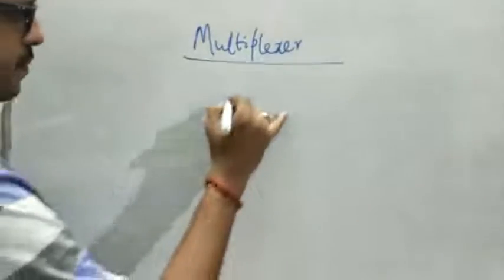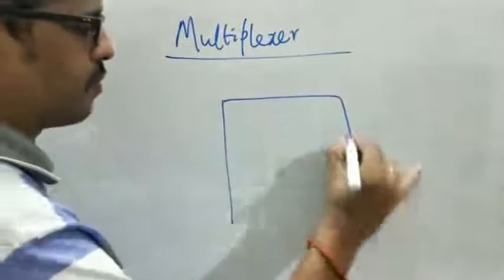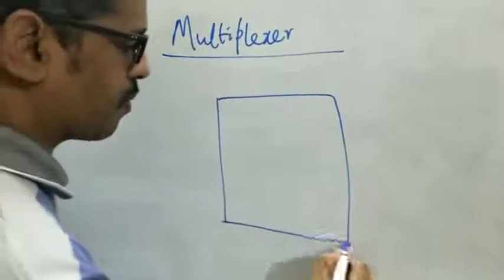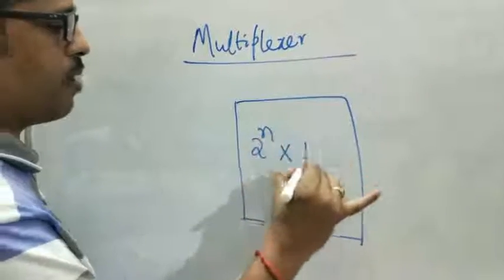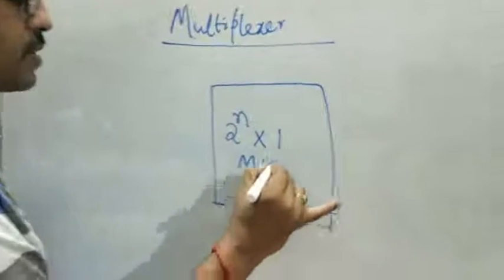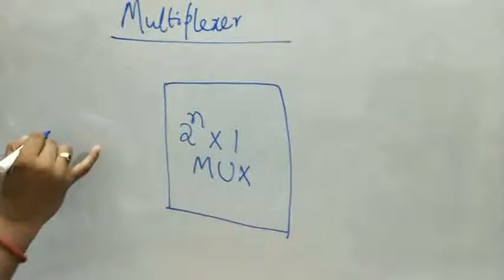Okay. Now we'll see through a block diagram. 2 power n by 1 multiplexer. Multiplexer is abbreviated as MUX.